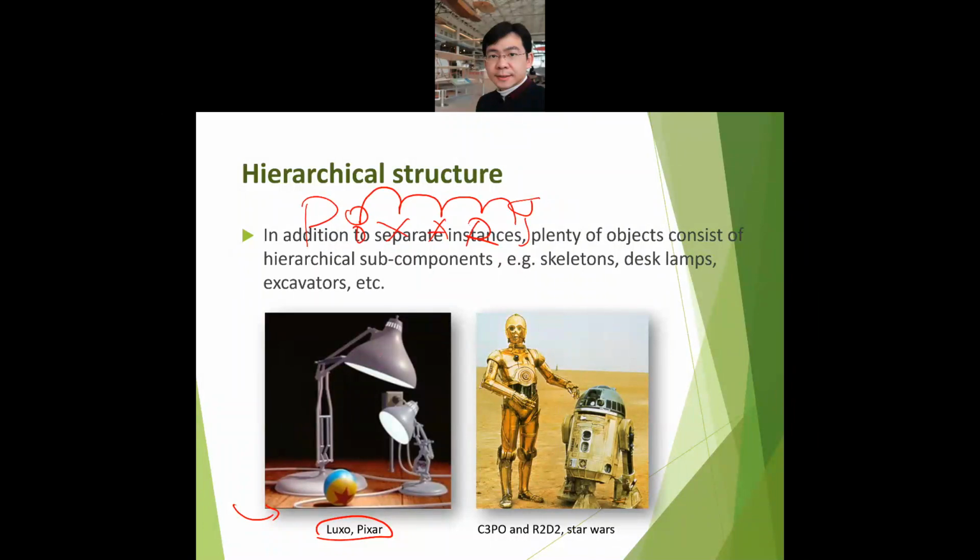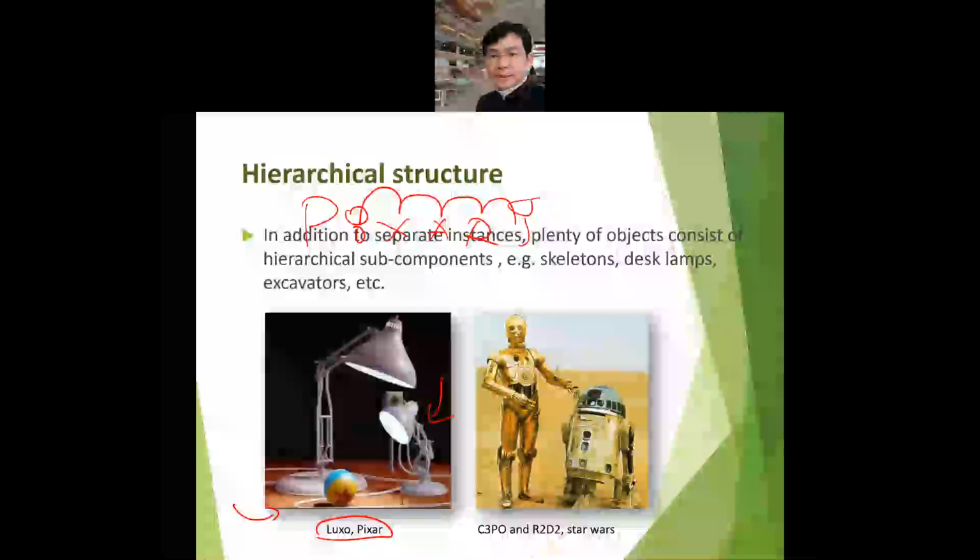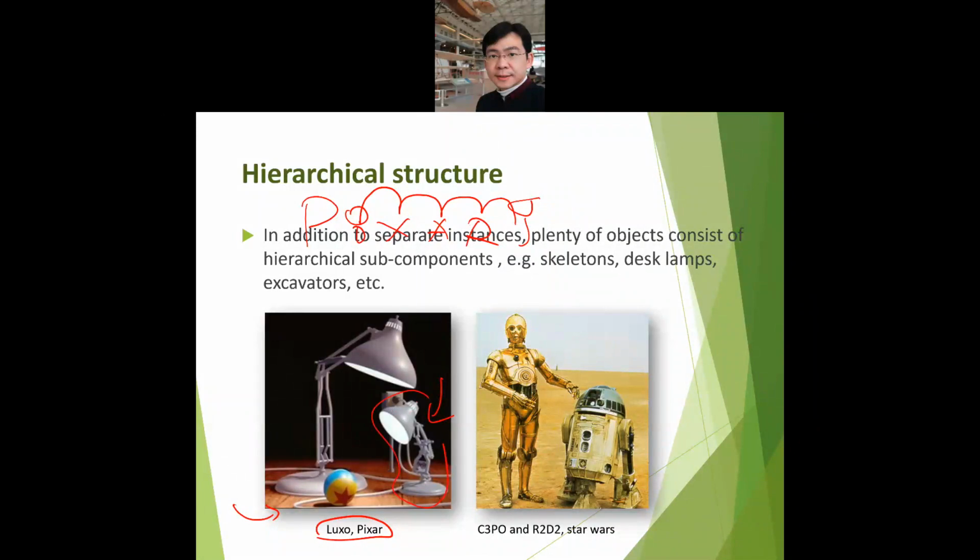This is one of Pixar's early famous short films called Luxo. There is a cute and, you could say, naughty lamp here. But in this, you can observe that this lamp is definitely not a rigid body, right?